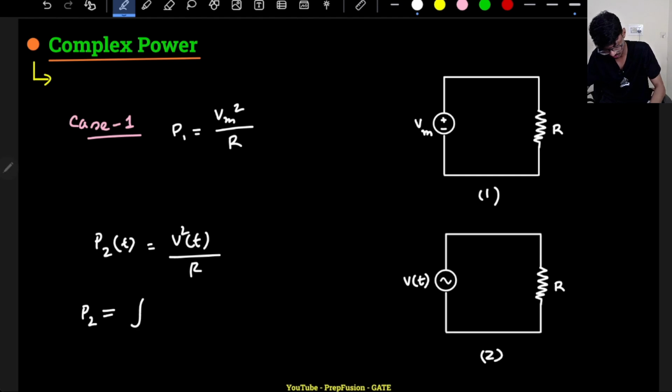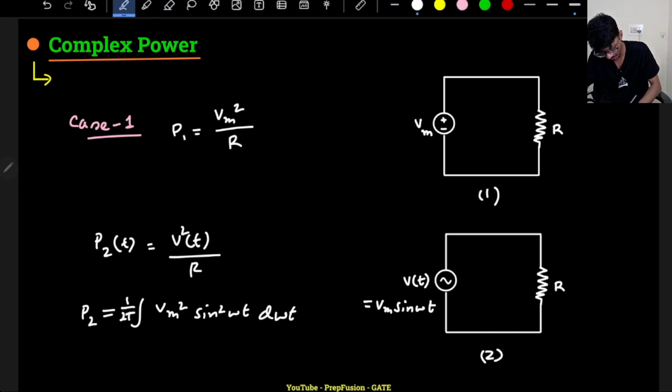What is the V expression? My V expression is Vm sine omega t. So this will be Vm square sine square omega t d omega t divided by 2 pi. I hope there is no doubt why I am dividing by 2 pi and not by the time period. Why is this in radians?